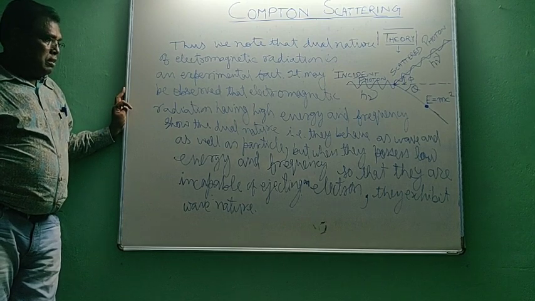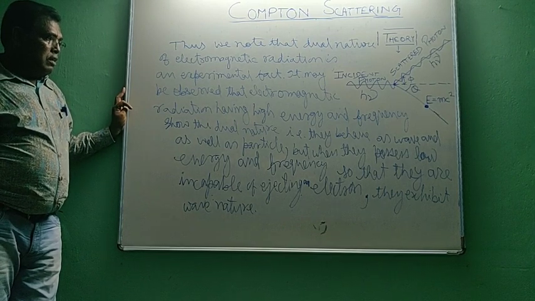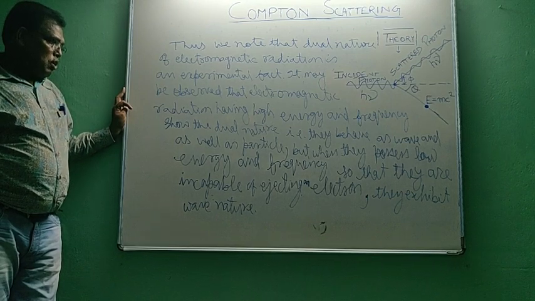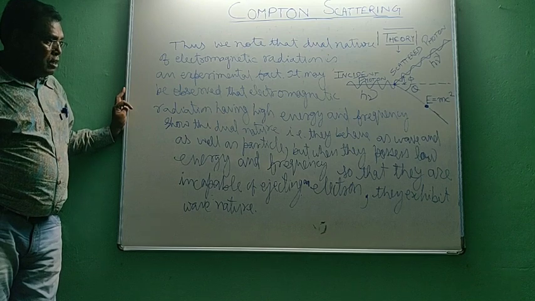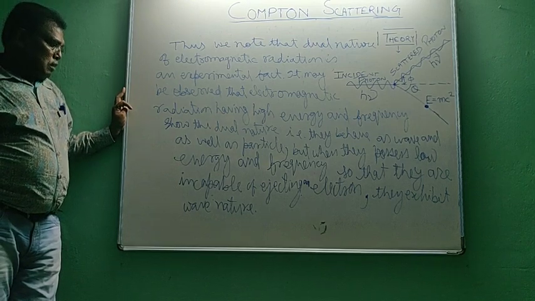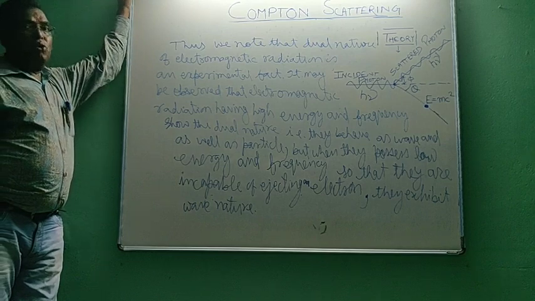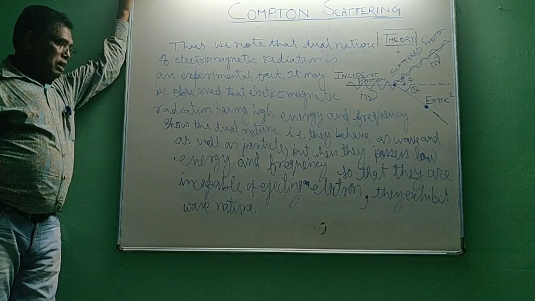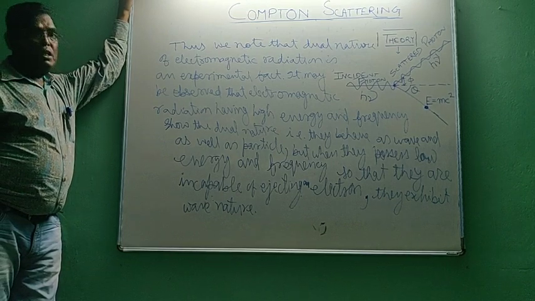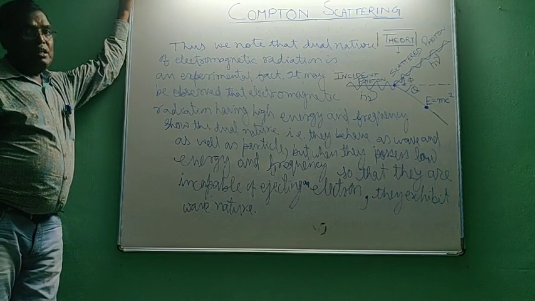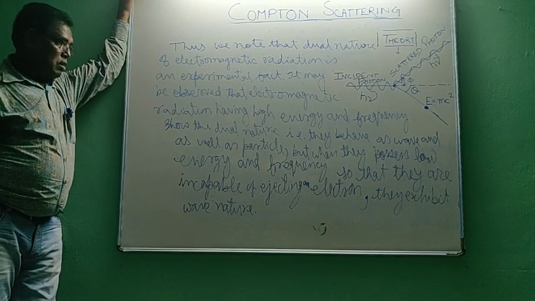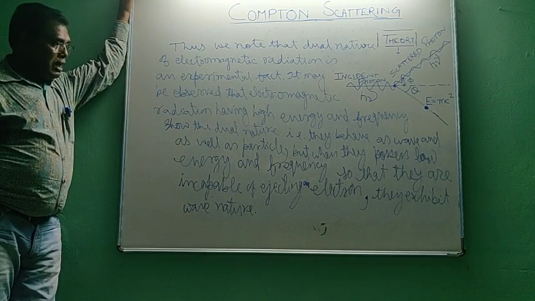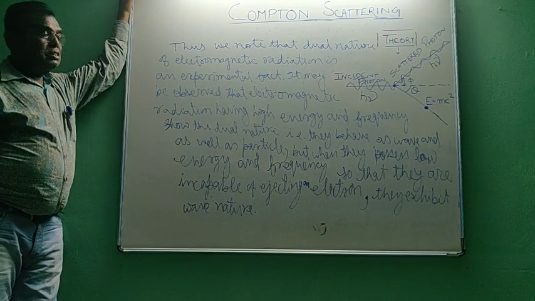But again, when they possess low energy and frequency, they are incapable of ejecting an electron. Because if it has low energy, then it will have low frequency, and it cannot eject an electron from the scatterer. What happens then?